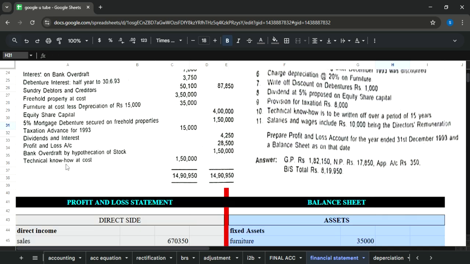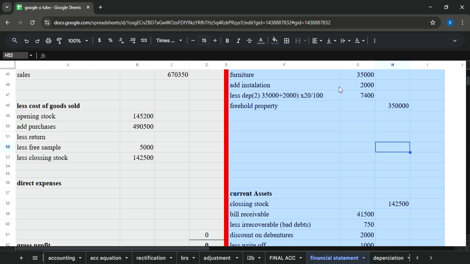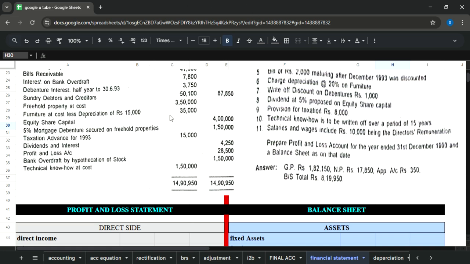I think it is already mentioned. Technical know-how written off is written over here, and 150,000 is already mentioned. So thankfully each and every element present in the trial balance has been transferred and posted to the different parts of the financial statement.